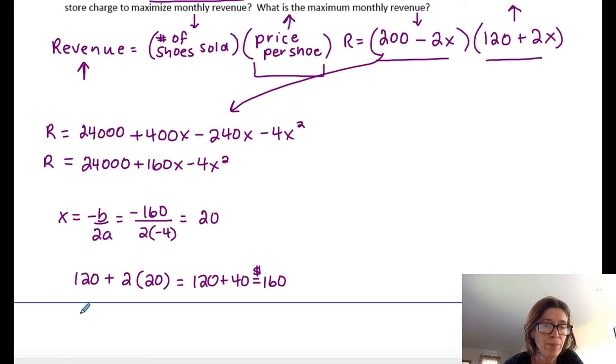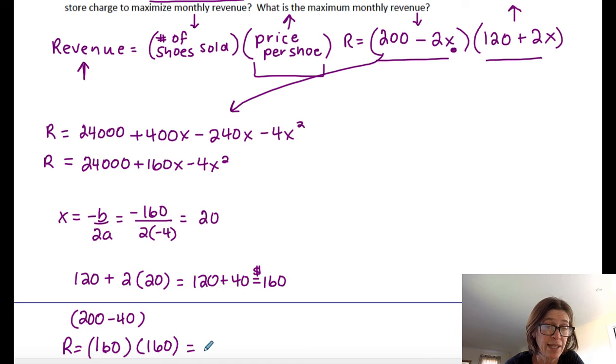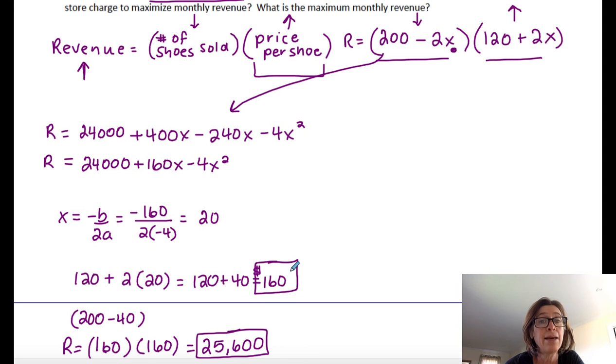So I would do 200 minus 40. I'd have to plug the x in right here. We already got 120 plus 2x to be 160. So we'd multiply 160 times 160 to get, I think that works out to be 25,600. Okay, and that would be the maximum revenue, the y value.